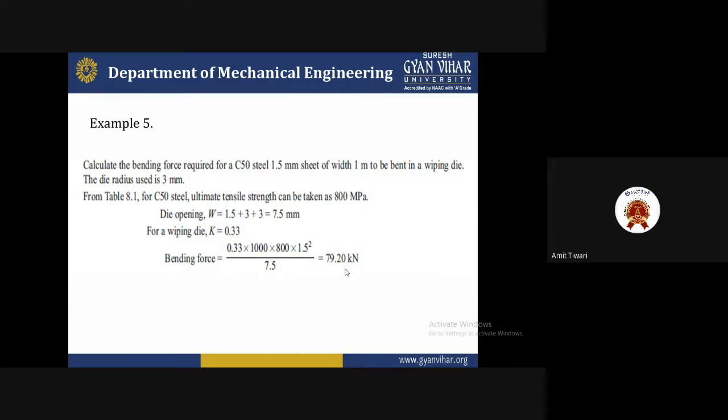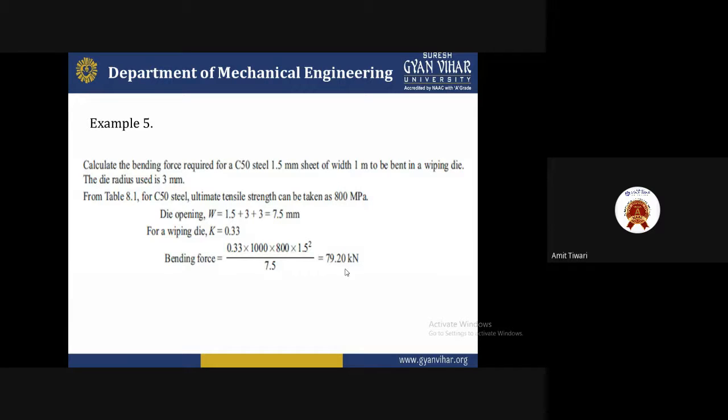A higher ultimate tensile strength indicates that the material can take the load without any failure, which is why it has a higher megapascal strength. So 79.20 kilonewton is the bending force we require.